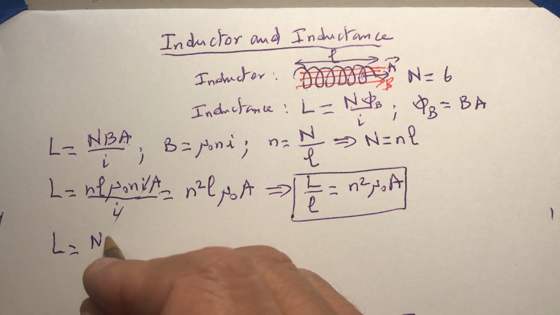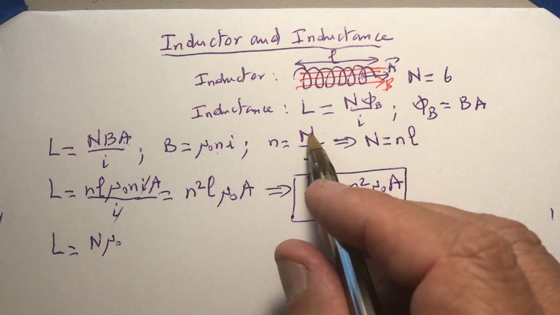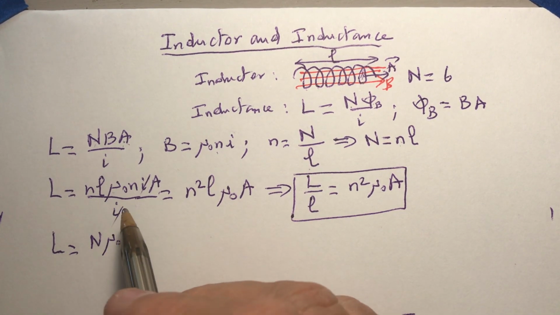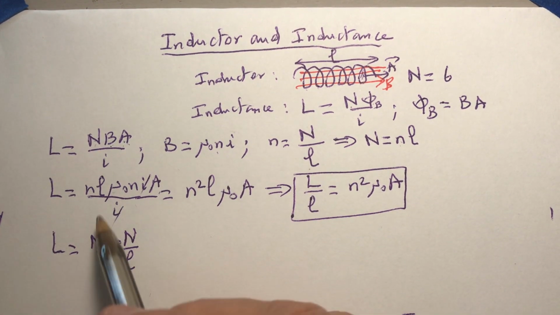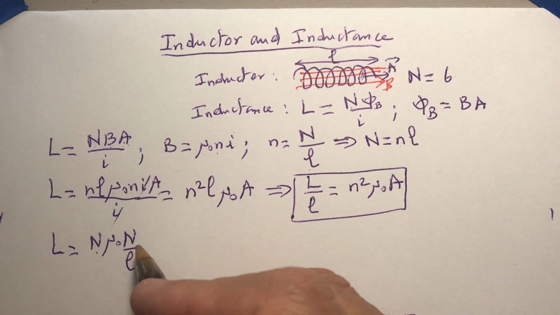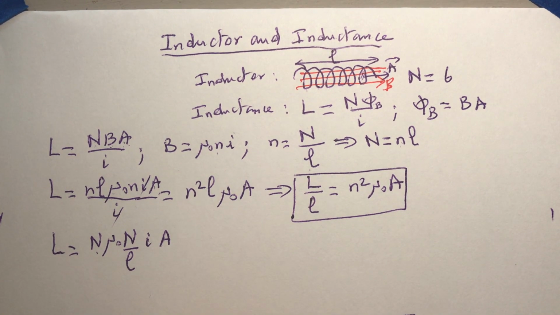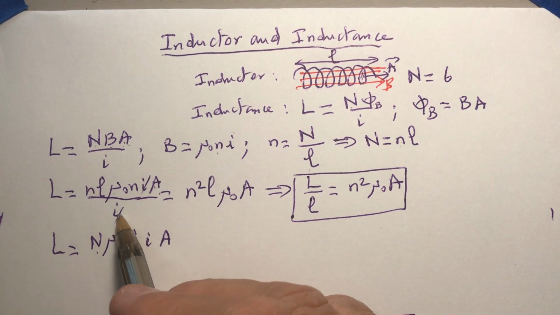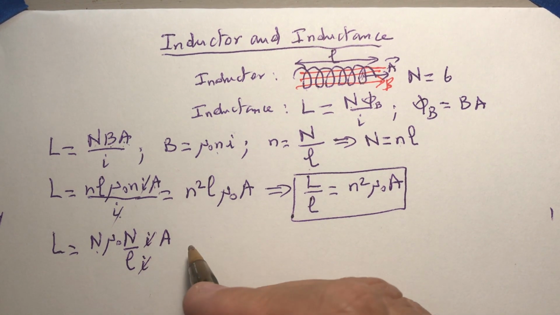For B, I put mu0, small n, which is equal to N over L. So I put another N over L. Remember, I have B, mu0 N I over L, and then I put the area A. And now you see I have the current I here, so the current I cancels.